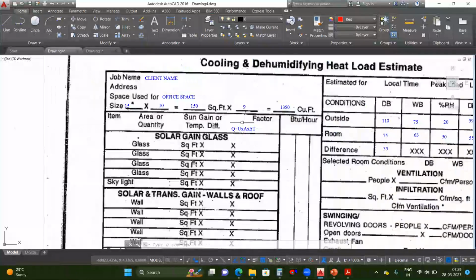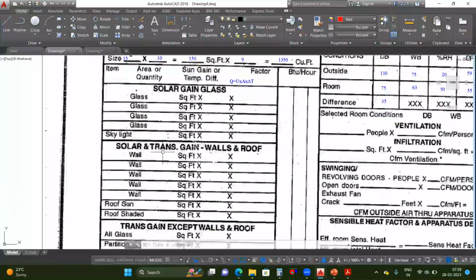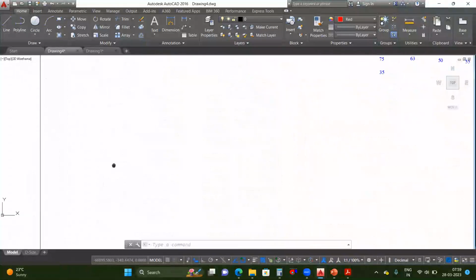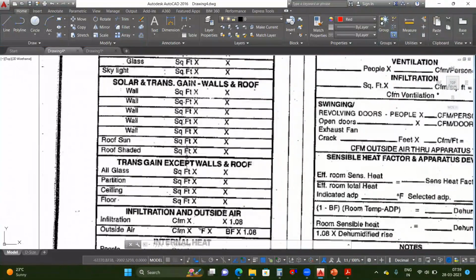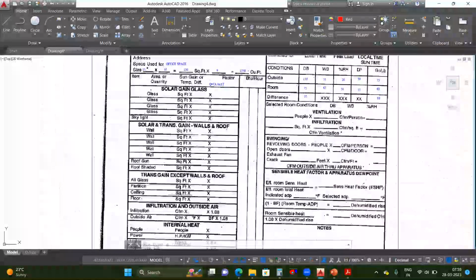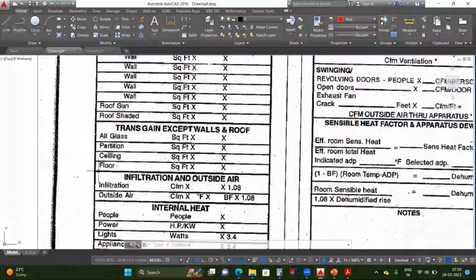The same formula applies for transmission gain through walls and roof, and transmission gains except walls and roof. So till here the formula will be the same.